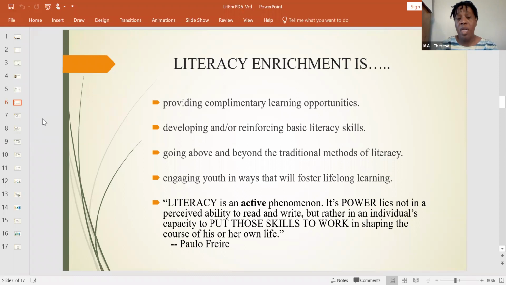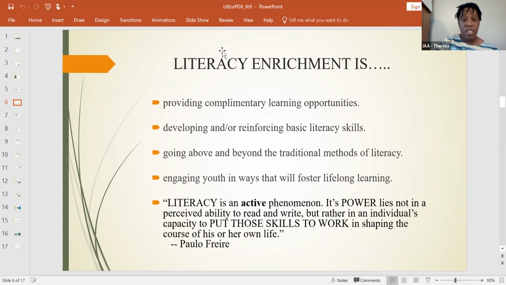The second one is, as I always say, we are developing and reinforcing basic literacy skills. And of course, we're developing and reinforcing other skills outside of the literacy piece too. But when we're bringing in those activities where we have kids that are on different levels, we're either developing something that they lack, where there's a gap somewhere, or we're reinforcing what they already know, to make those skills stronger, to build a foundation so that they can move on to the next step.